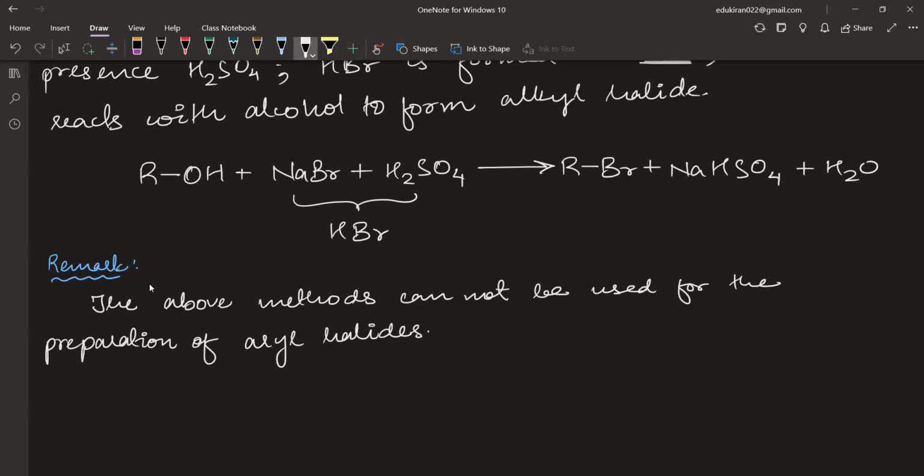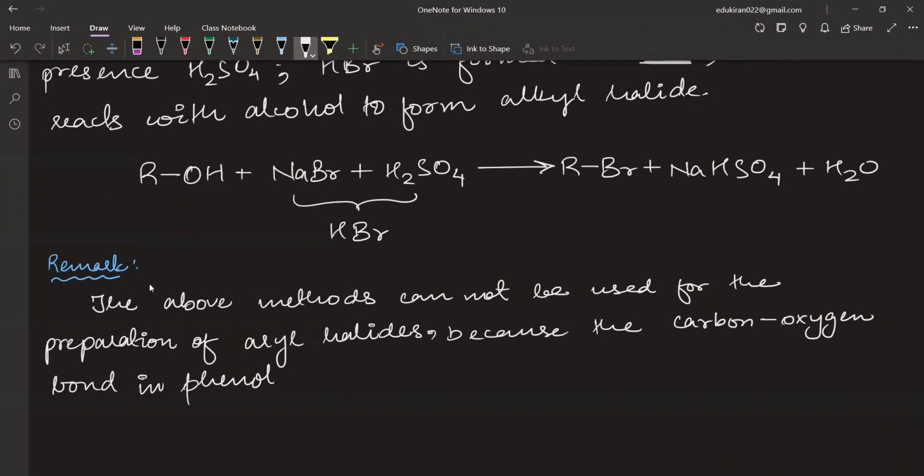Why is that? Because the carbon-oxygen bond in phenol has partial double bond character.